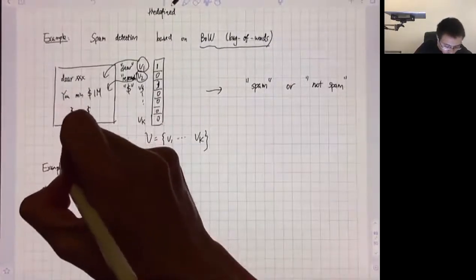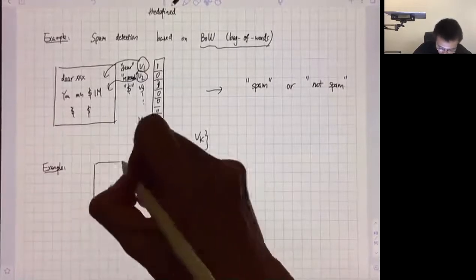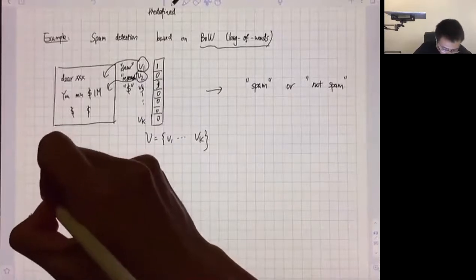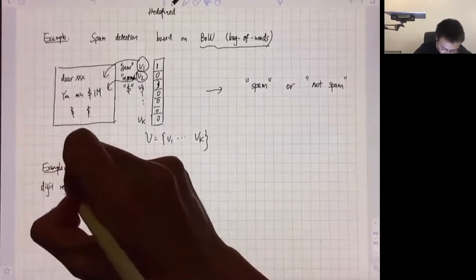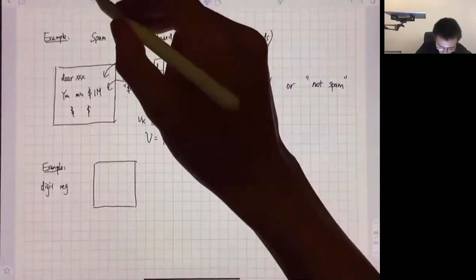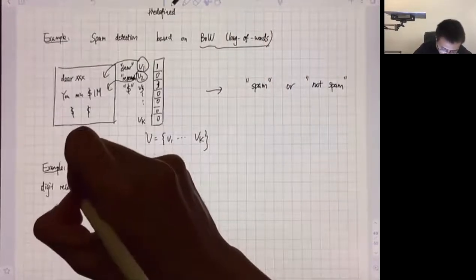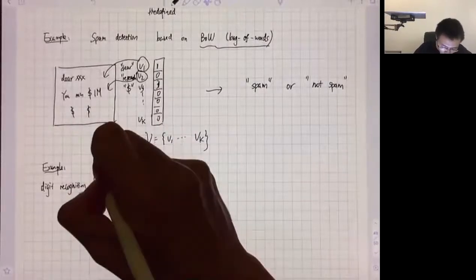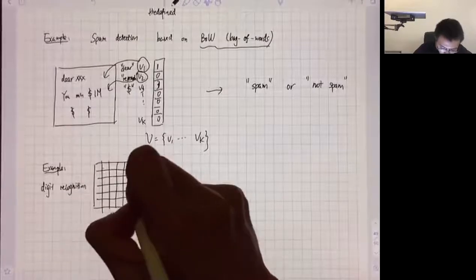Another example is digit recognition. I have an image, and it's represented by a bunch of pixels.